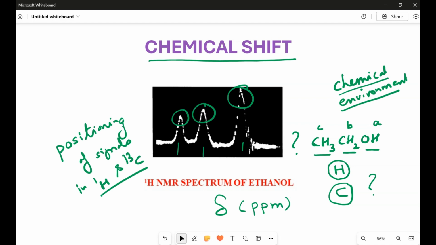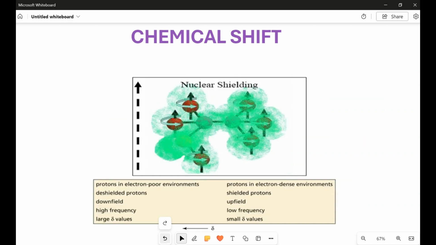So first let us see what is this chemical shift and why do the signals shift from each other in proton NMR and carbon NMR. As I can see from this particular picture, the electron density around the hydrogens are different.